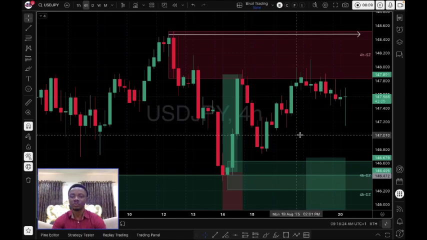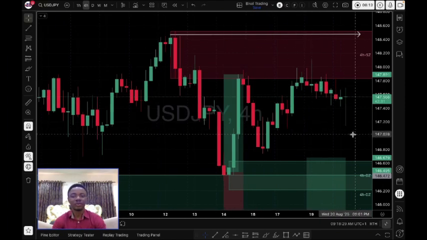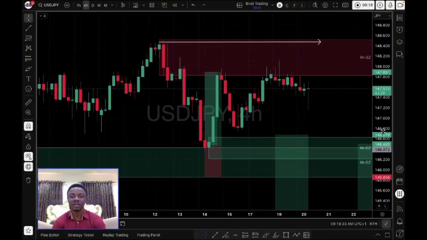Okay, so going over to USD JPY. There's nothing much here. As I said last week, I was not looking at anything new on USD JPY based on the fact that this entry has already hit our TP.